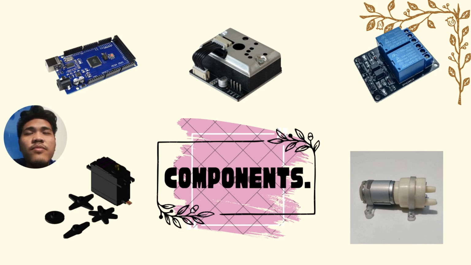We are using several components. The important components in our project are five. The servo motor works as a hand to clean the solar panel. Arduino Mega as a microcontroller to control the process. Optical dust sensor works to detect the dust.